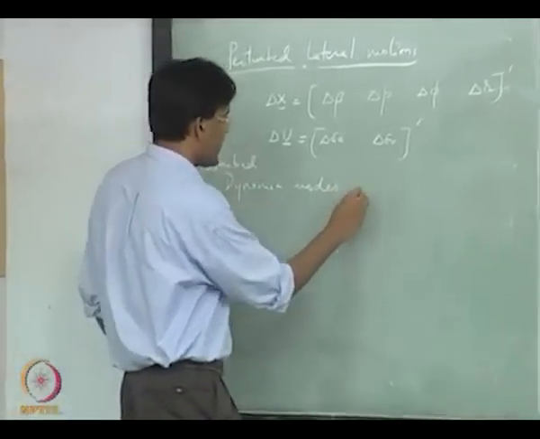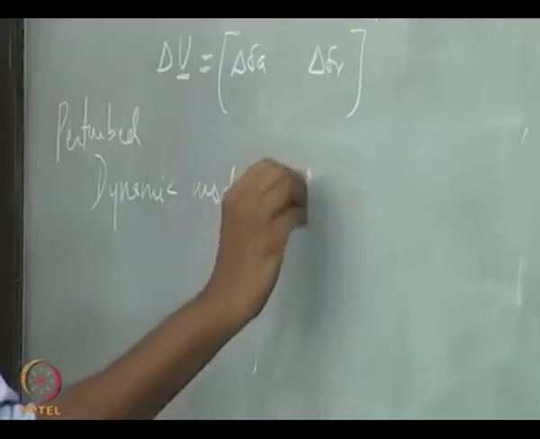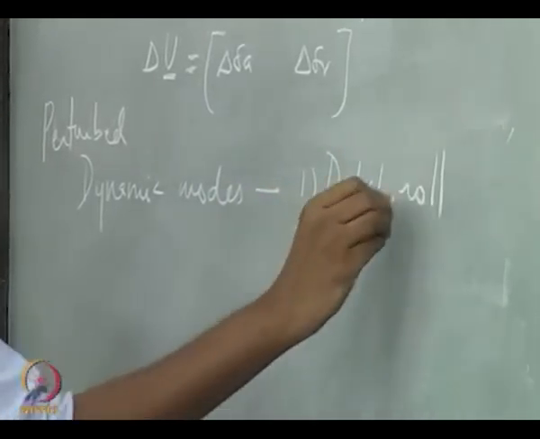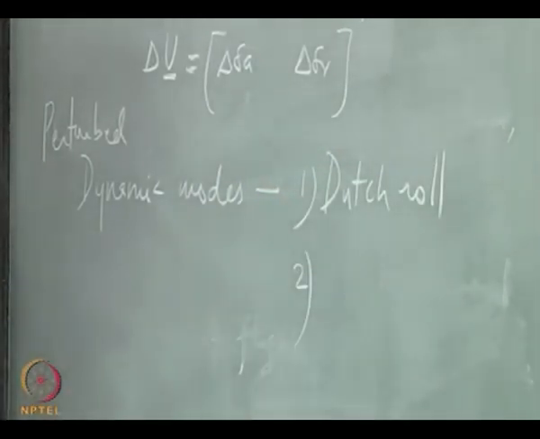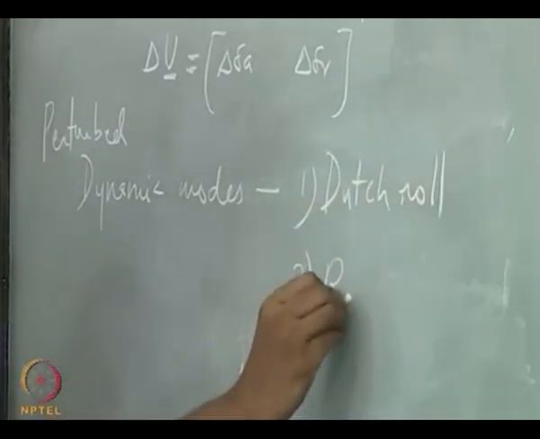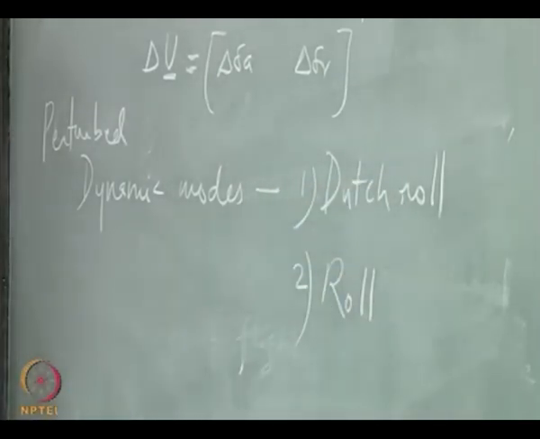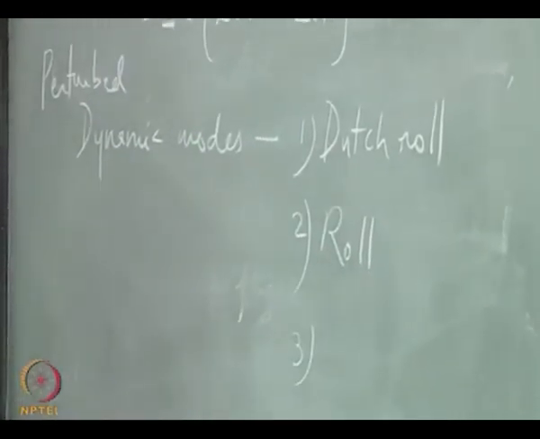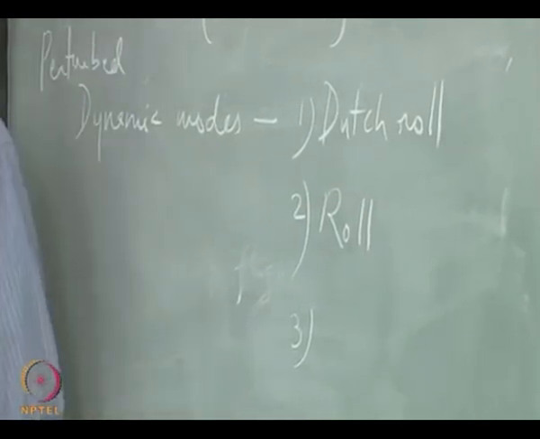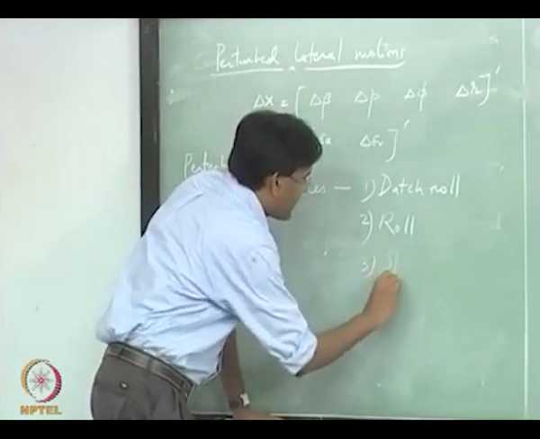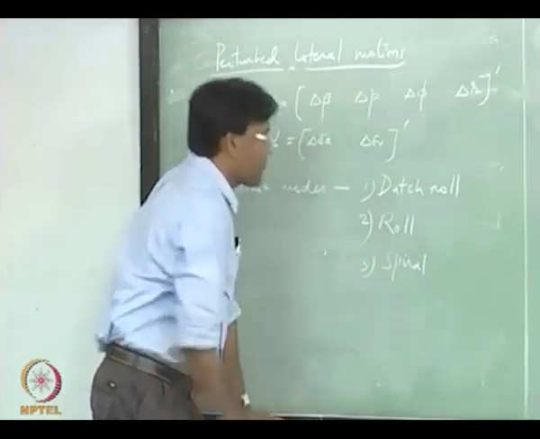So dynamic modes here are Dutch roll, second is roll. Now Dutch roll is different from roll, okay. It appears to be rolling but it is not actually rolling, that is why this name. And spiral.